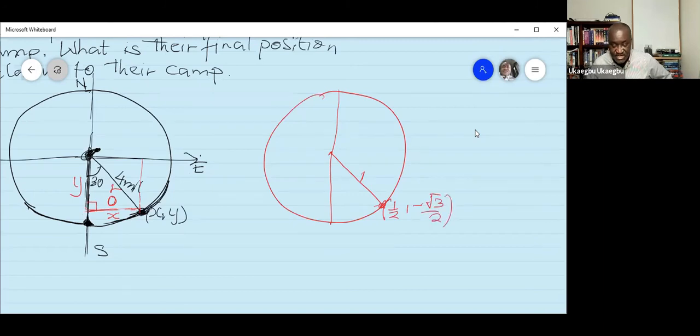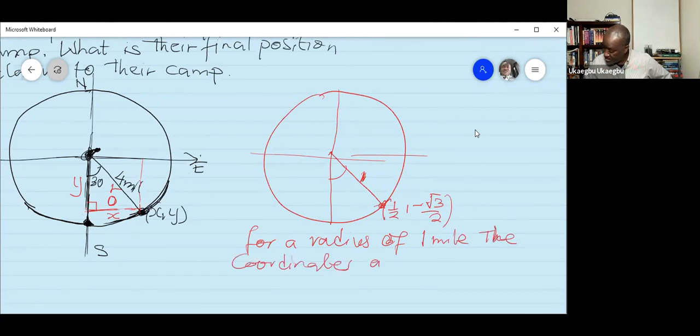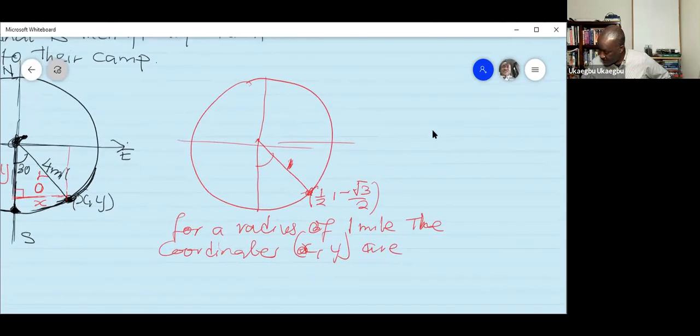Now, if it is 4 instead of 1, you can say for a radius of 1 mile, the coordinates x comma y are 1 over 2, comma, negative square root of 3 over 2. That's the coordinate if it is 1 unit.